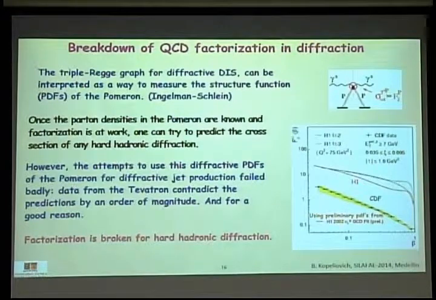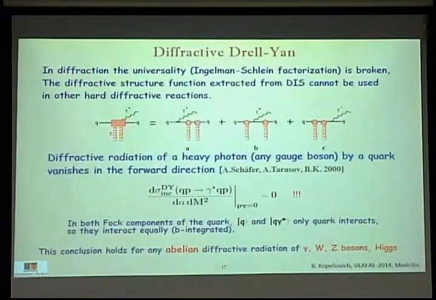The survival probability to have no such interaction suppresses the cross-section, and this explained why it's down. But anyway, this is an obvious breakdown of such factorization in hadronic collisions, and later I will show that there is much more important physics beyond that. It's not just survival probability.